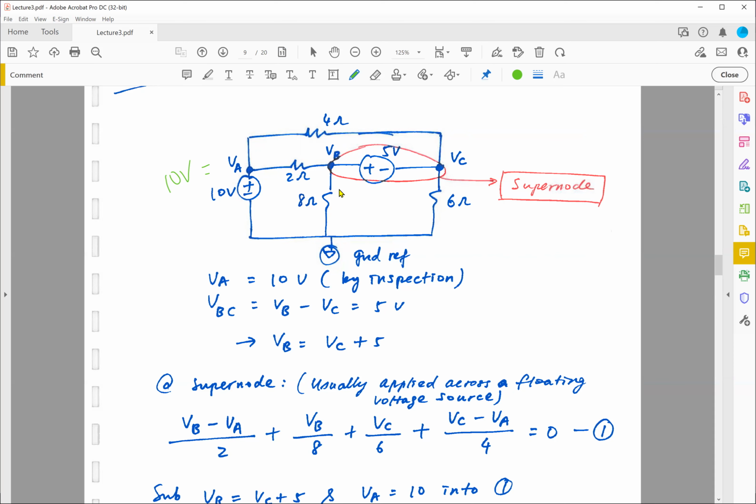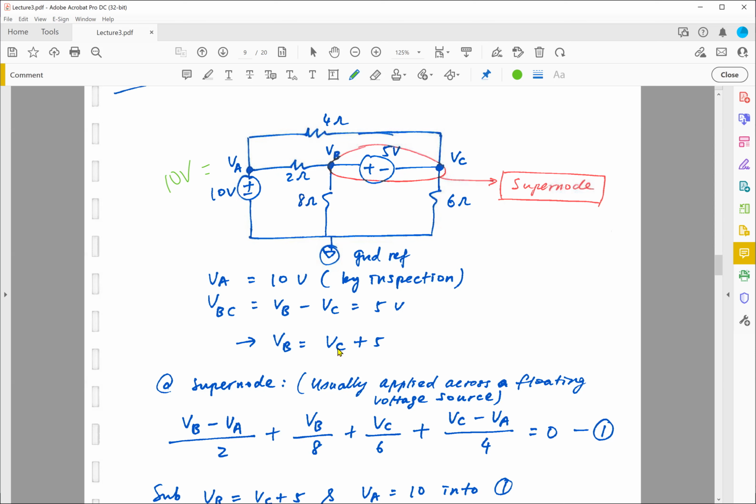Okay, so then the next step is, since we have a supernode, we need to have an equation that relates VB and VC. So in other words, the relationship between VB and VC is as follows. VB minus VC, plus and minus, right? So positive minus the negative, VB minus VC has to be equal to 5.